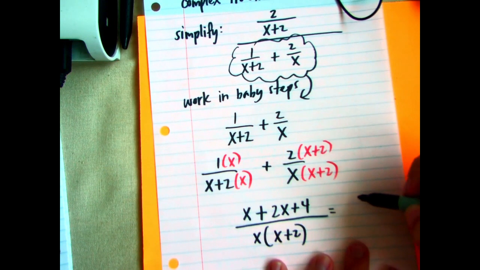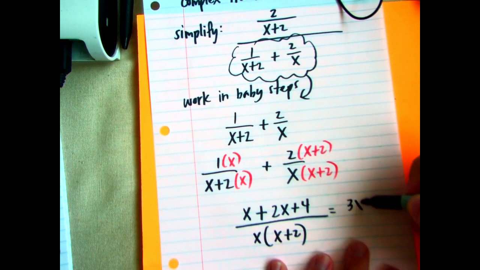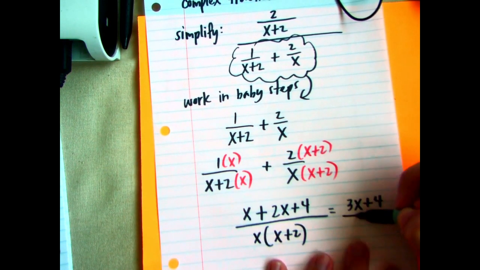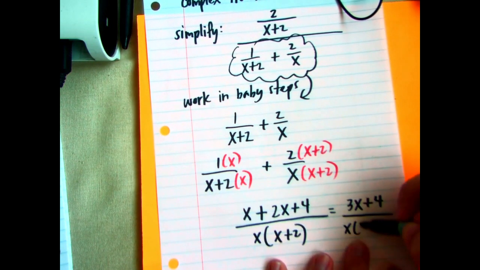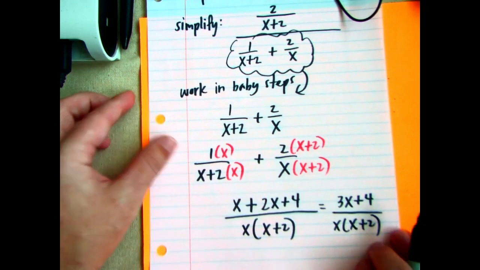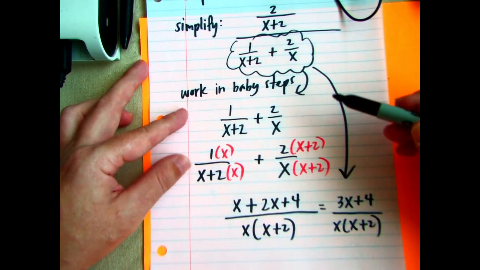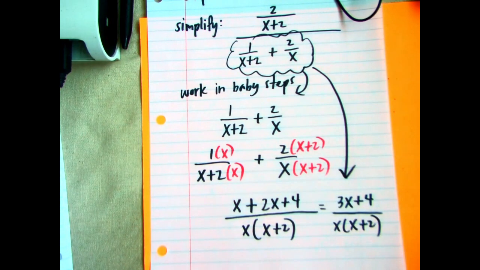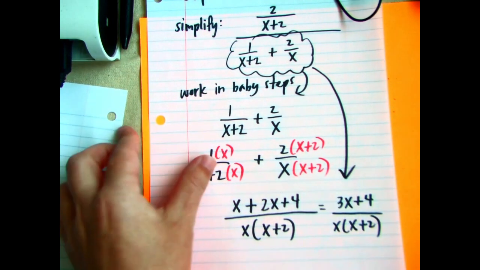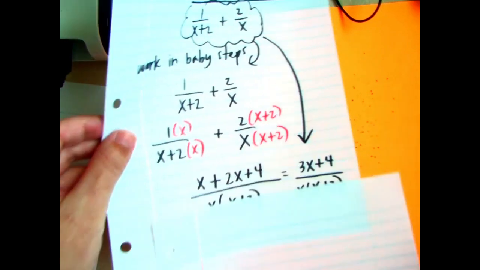So when I combine like terms in my numerator, I get 3x plus 4. And I'm going to leave my denominator factored for now. You'll see later on in these problems some cancellation might occur. So leave it factored if possible. Combine like terms, but leave it factored. Because if it's factored like that, you might see some cancellation.